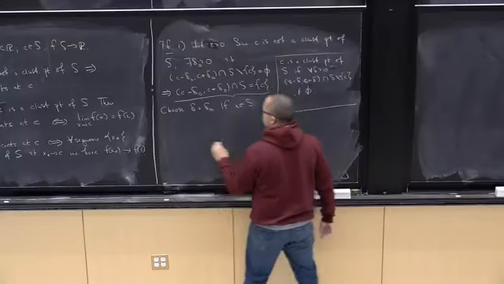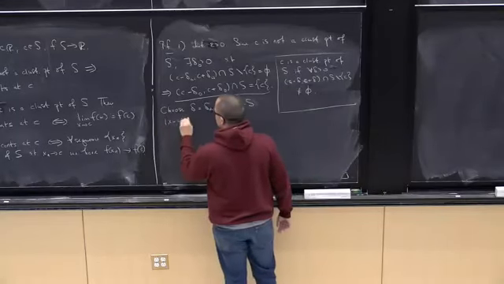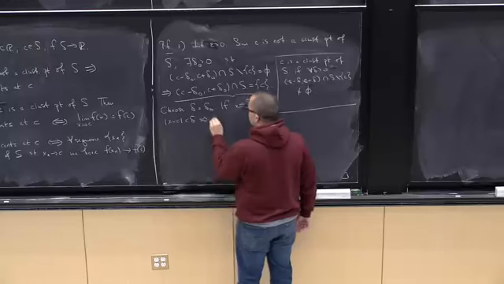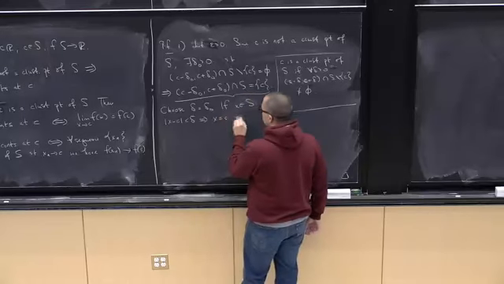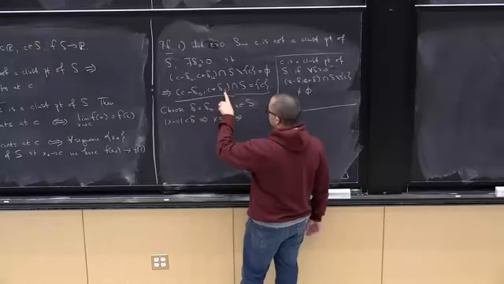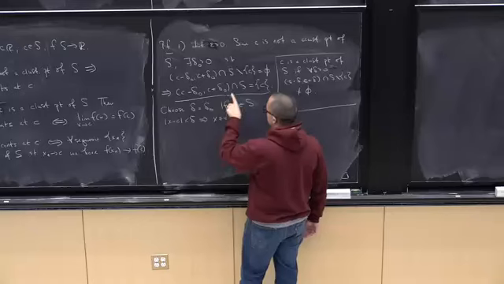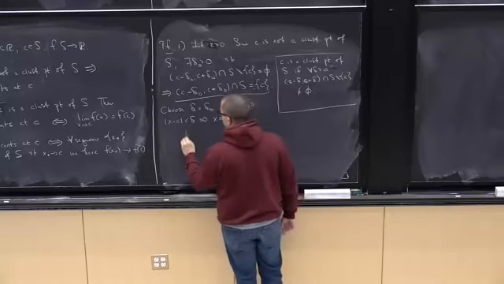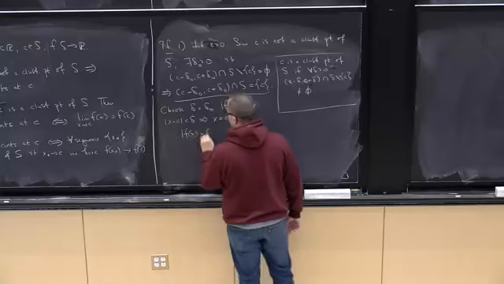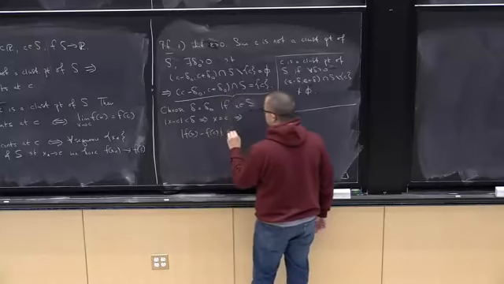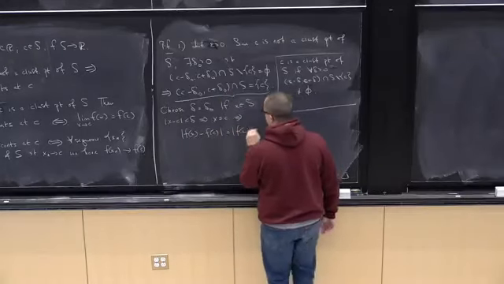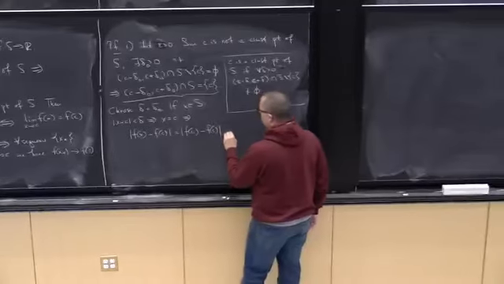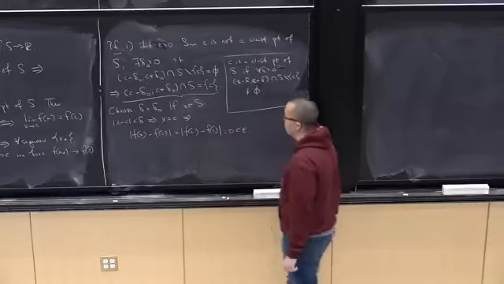Now we want to say that this delta works. So if x is in S and the absolute value of x minus C is less than delta, that implies x equals C, because the only thing in this interval that's coming from S is C, and therefore f of x minus f of C is equal to f of C minus f of C equals 0, which is less than epsilon.